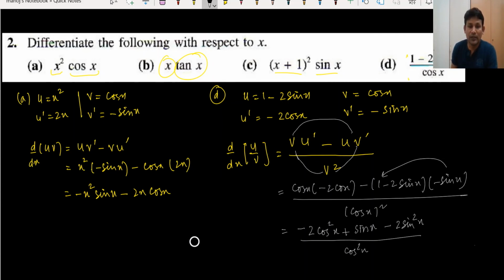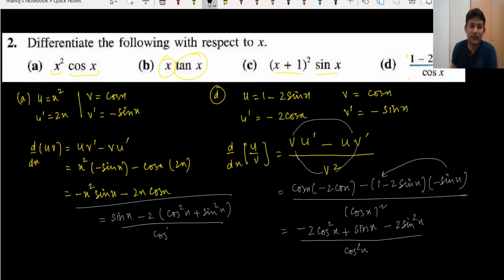Here we can do one thing now. I'm writing sin x first, and from this cos squared and sin squared, I'm taking minus 2 common. So it's becoming cos squared x plus sin squared x, and we simplify at the end.